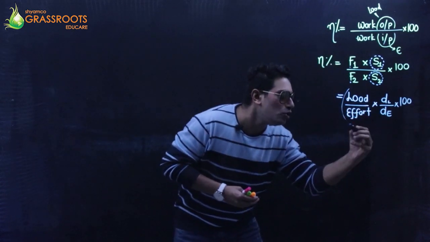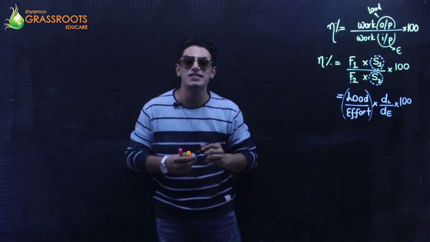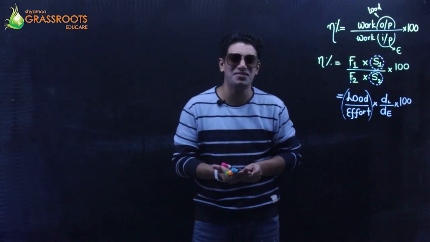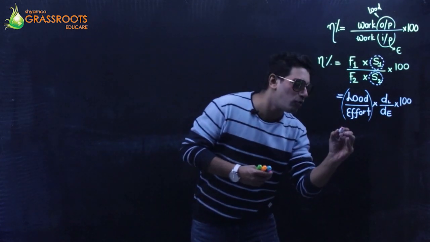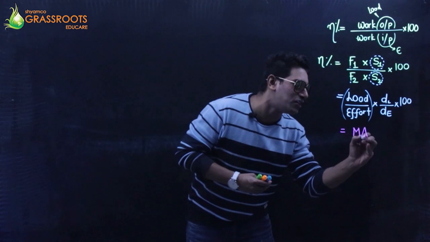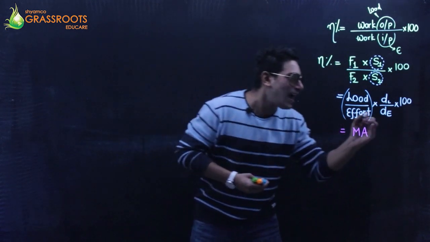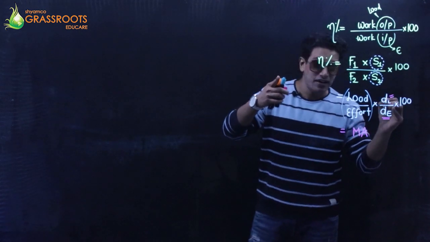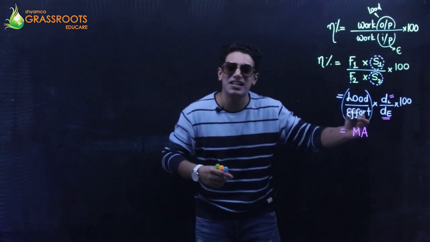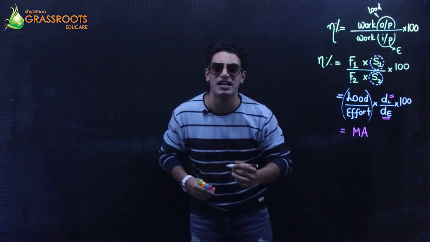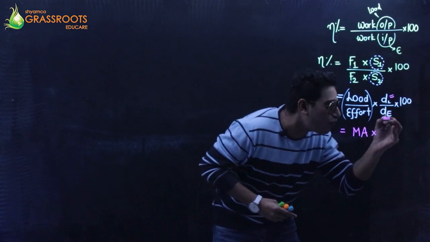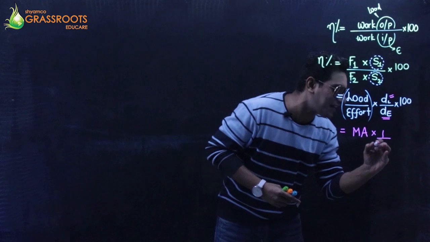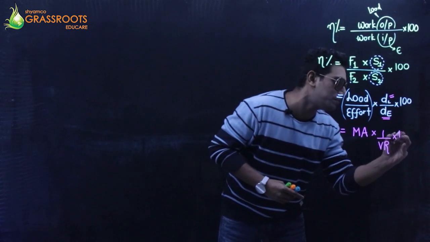Now remember, load upon effort, we've done this a few minutes back. Load upon effort is nothing but mechanical advantage. And distance of effort upon distance of load, I can say it is velocity ratio.